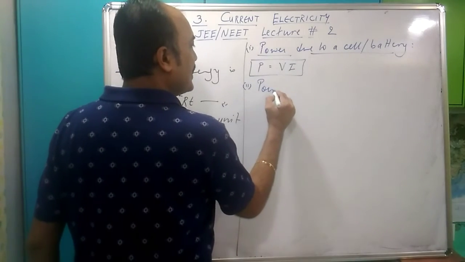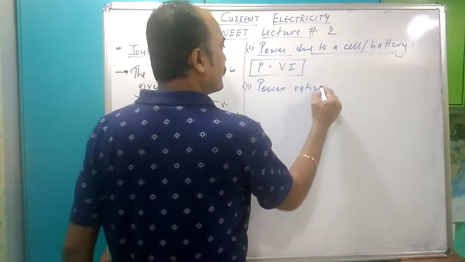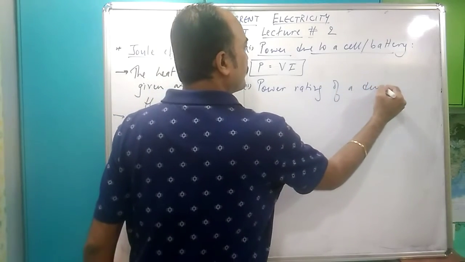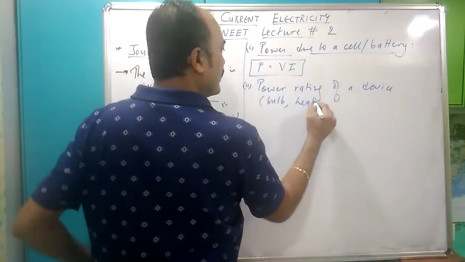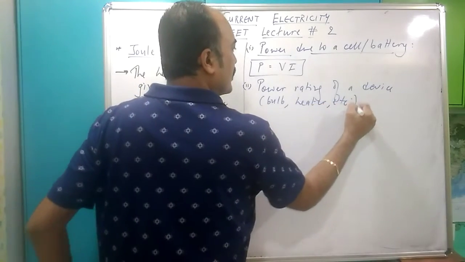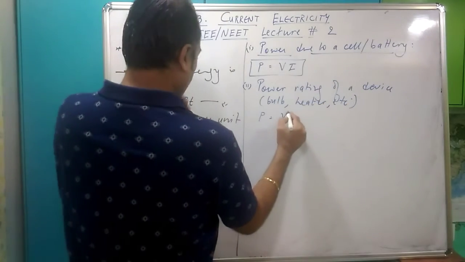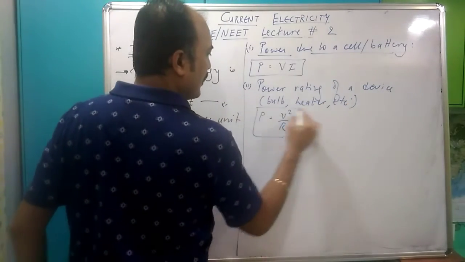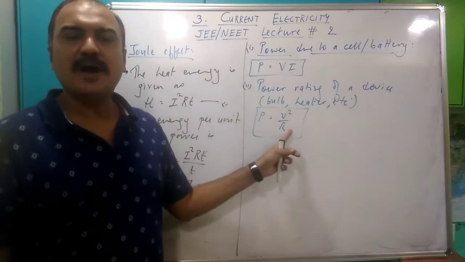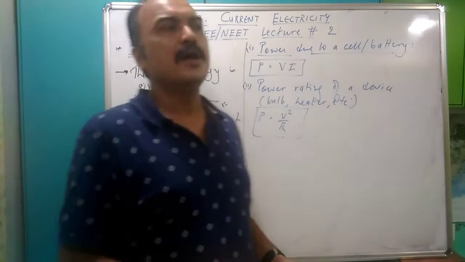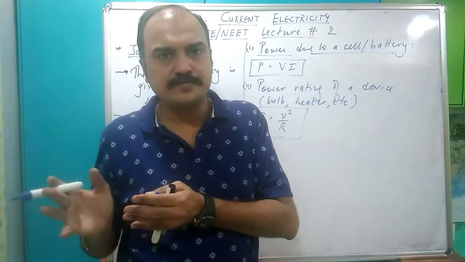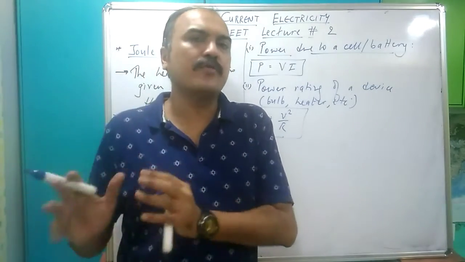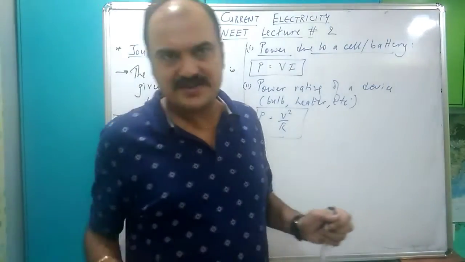Second, the power rating of a device, like say a bulb or heater, etc. That would be P is V square by R. This would be the power rating of a device. So for example, on a bulb it is written 60 watt, 220 volt. That means if you use it at 220 volt, it will give you a maximum power of 60 watt.